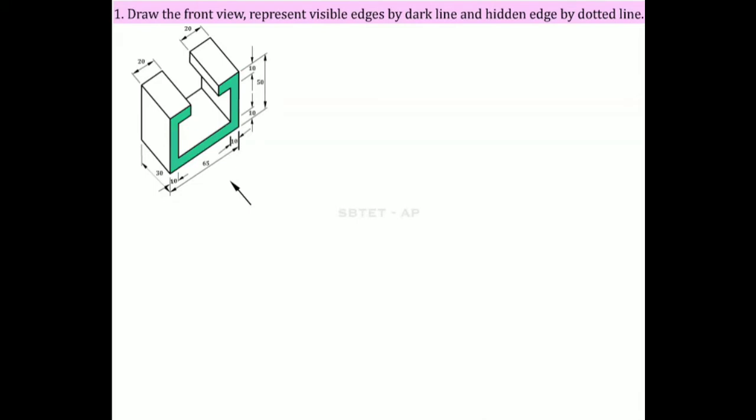In this problem, we need to draw the front view, top view and left side view of the object. First, complete the front view, show the dimensions, represent the visible edges by dark line and hidden edges by dotted line.